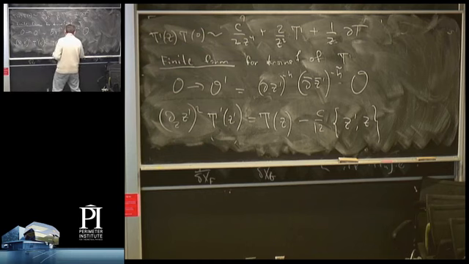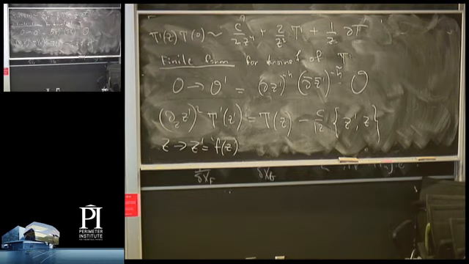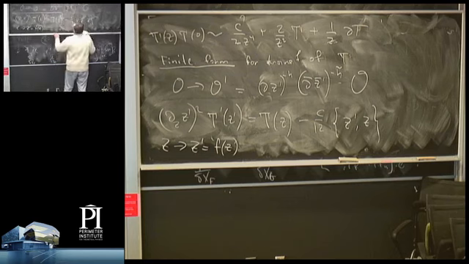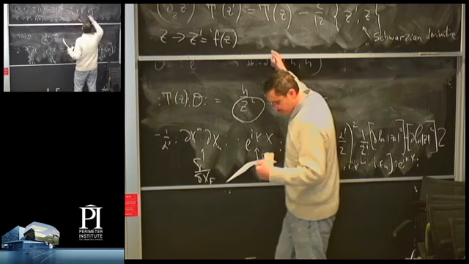And then there is minus c over 12. What I'm writing here is the transformation under a general conformal transformation that takes z to some function f of z. This piece is exactly as you expect for a primary field, and then there is an additional piece which is proportional to the central charge, and the combination there is known as a Schwarzian derivative.